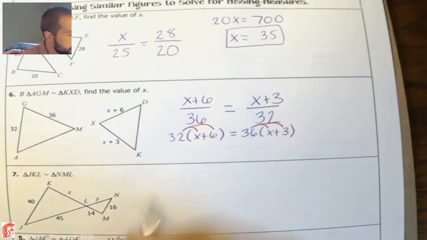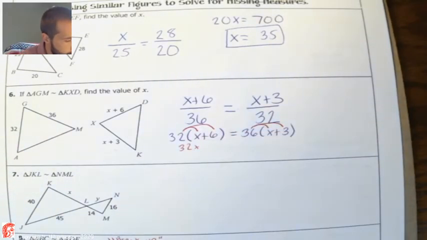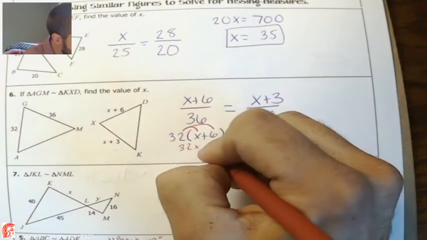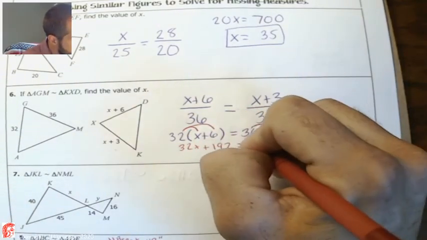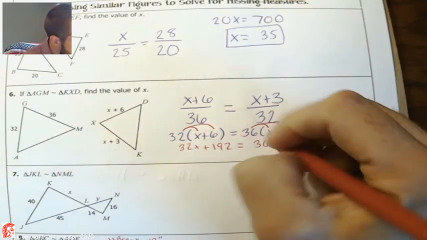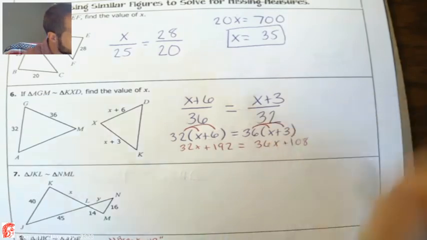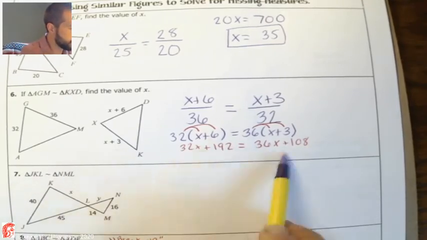32 distributes to the x and the 6, and then 36 distributes to the x and the 3. So when I multiply those together, 32 times x is 32x. 32 times 6 is 192. And 36 times x is 36x. And then 36 times 3 is 108. Okay, now we have our equation. We have variables on both sides. So I'm going to subtract 32x from both sides.